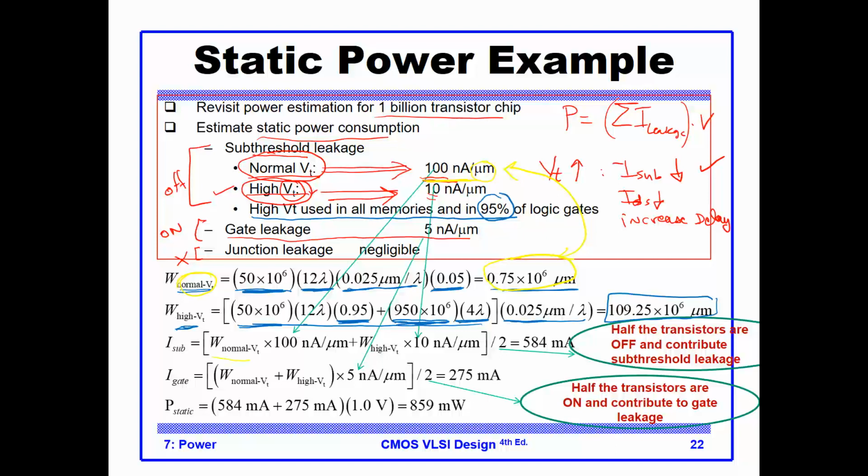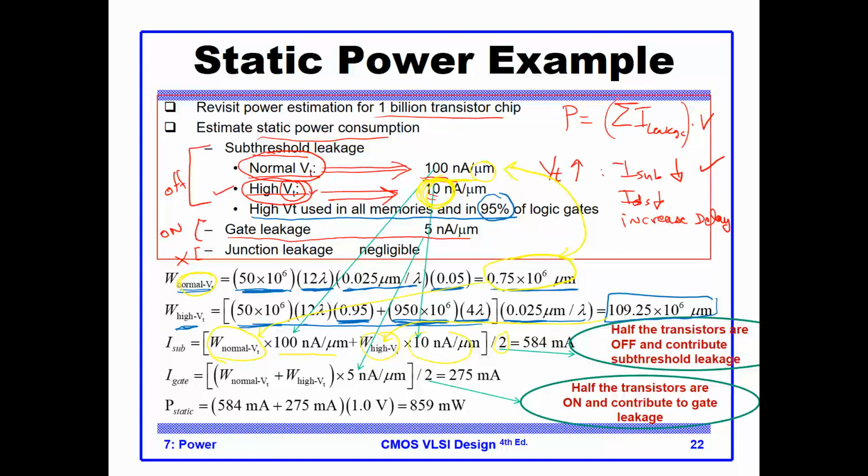He added the normal VT, which is right here, multiplied by 100, then the high VT multiplied by 10. Again, notice the 10 is coming from right here. Now, what he did, he divided the whole thing by 2. This is because he is assuming that half of the transistors are off and half are on, meaning we multiply every quantity by 50%.